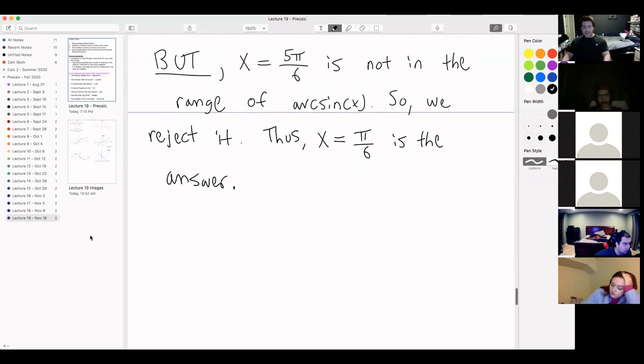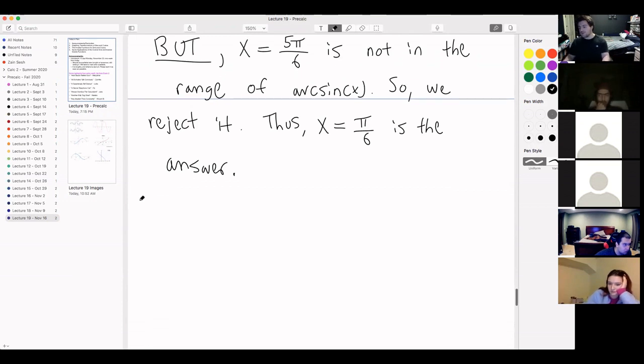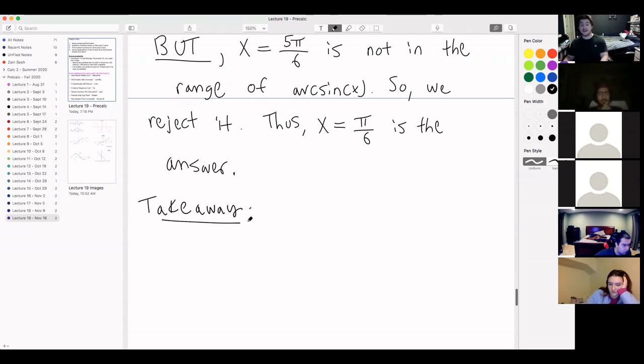So the takeaway of this is that your answer has to be in that interval minus pi over 2 to pi over 2, because that's the range of the arcsine function.